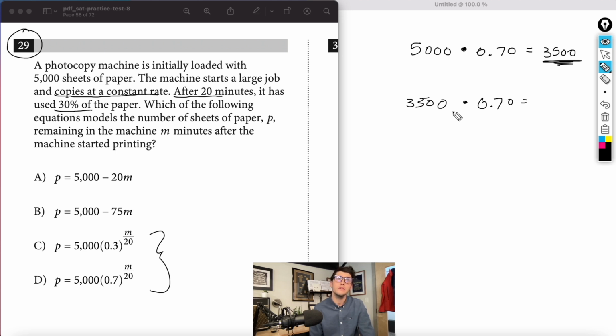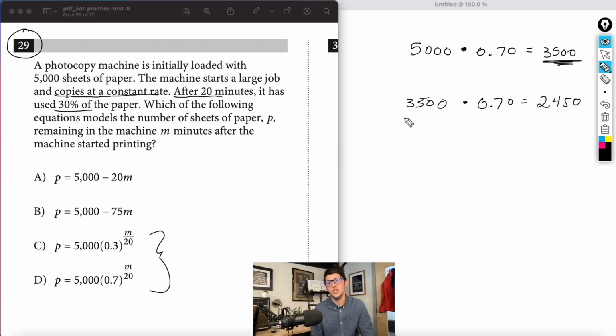I'm thinking 350, three groups of that is 1,050. So we would subtract 1,050 from this to get 70%. You can use your calculator. I'm doing this in my head. But 1,050 off of that would be 2,450, right? That's 1,000 less plus another 50 less.